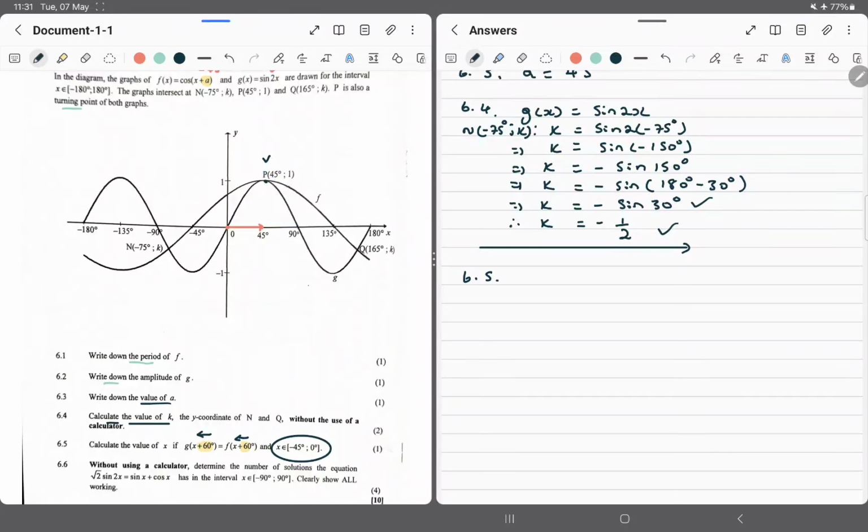So we can say here x is going to be equal to, it said calculate. All right, but it's just one mark. So we can just say x is going to be equal to 45 degrees. When we shift to the left, we add 60 degrees.